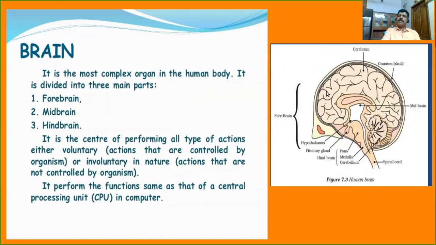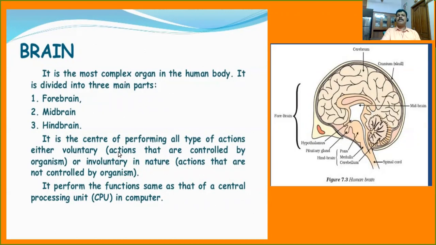Which are the three main parts? The first one is called the forebrain. The second one is called the midbrain, and the third one is called the hindbrain. So the human brain is divided into three main parts: forebrain, midbrain, and hindbrain.